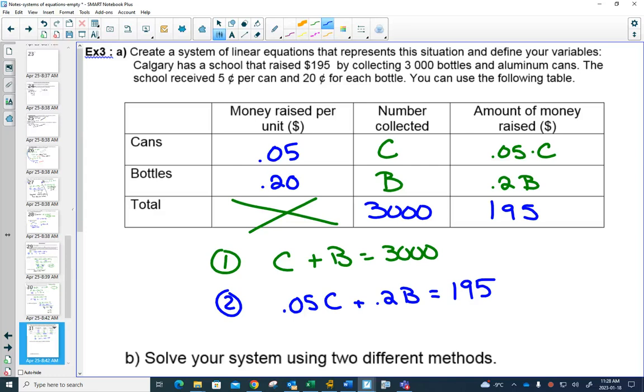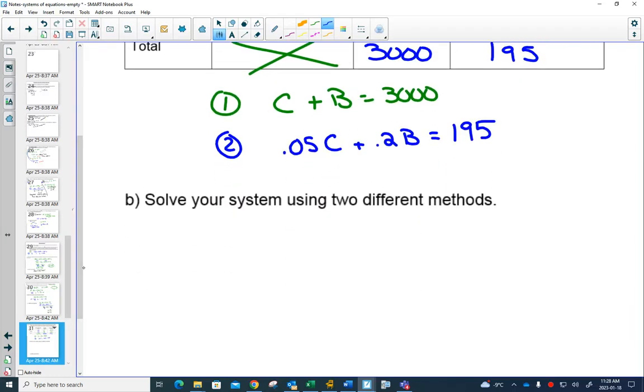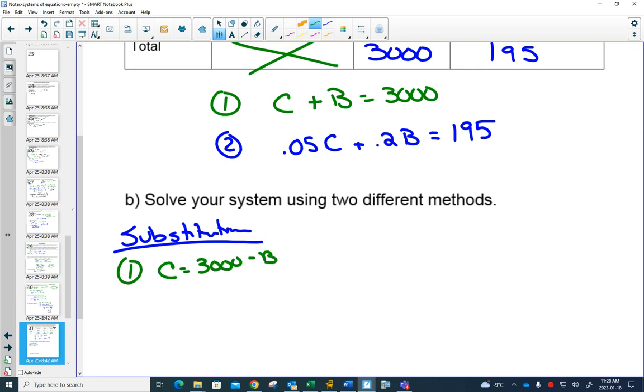Okay? So, solving using different methods, you could use substitution or elimination. If you use substitution, equation 1 is easy to get one of the letters by itself, either C or B. Then you would go to equation 2.